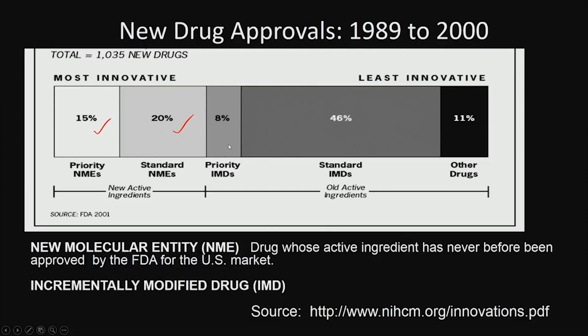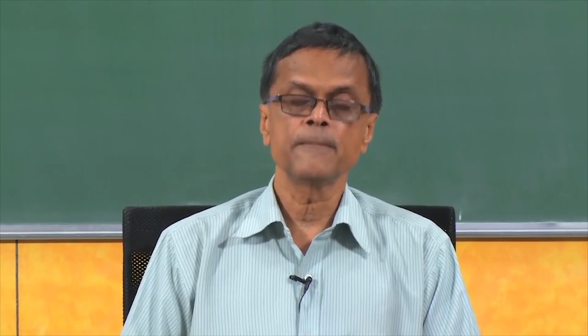So you have an old active ingredient and you make some modification. So here there is not much invention, whereas these new molecular entities are inventive, that means totally new compounds.